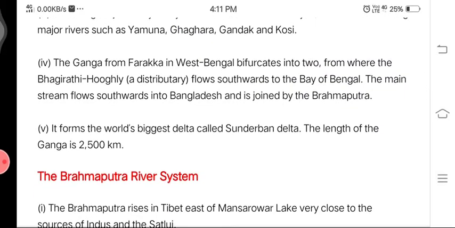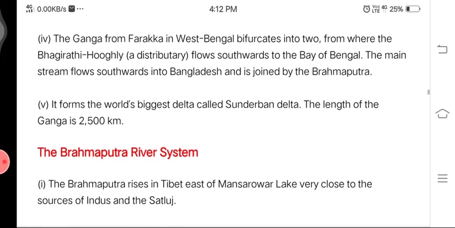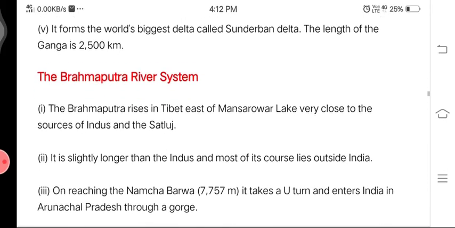It forms the world's biggest delta, called the Sundarban Delta. The length of the Ganga is 2,500 kilometers.